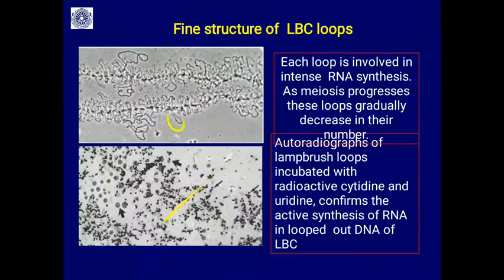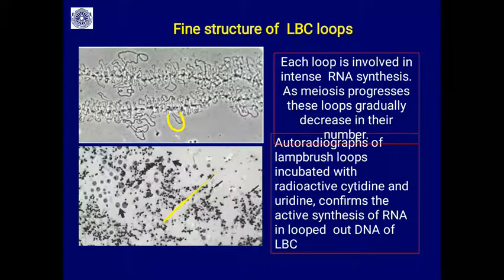These are looped out DNA, and the cells are incubated with radioactive cytidine and uridine. Radioactive uridine is the precursor used during transcription, or the synthesis of RNA, which has a base called uracil.